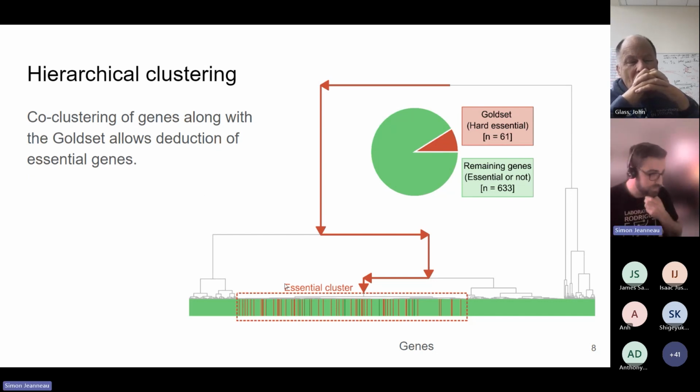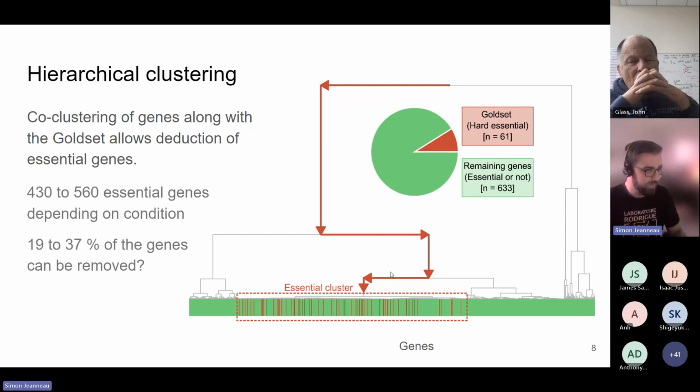So we isolate these co-clusters and deduce the essential status from them. With this method, I isolated a certain number of genes depending on the condition. So Anthony told you there was semi-defined ATCC and multiple sugars.